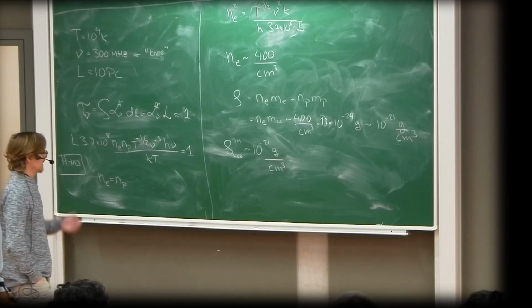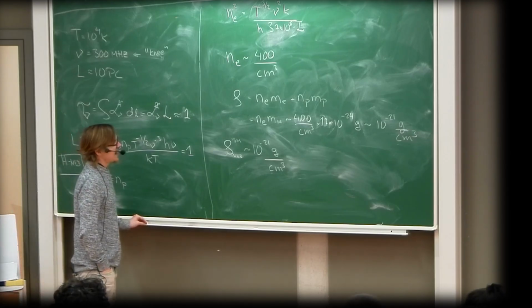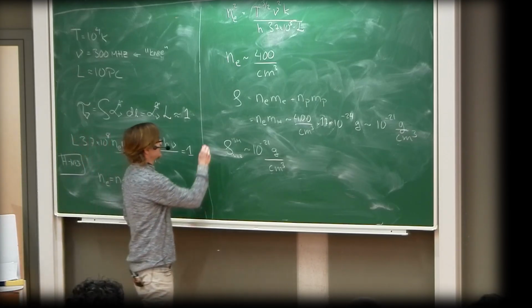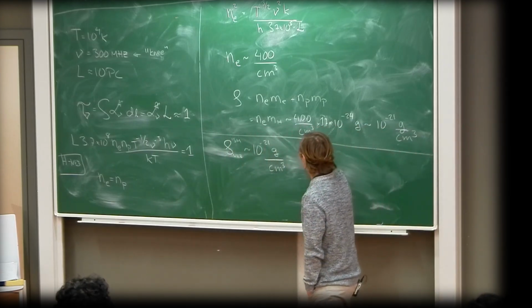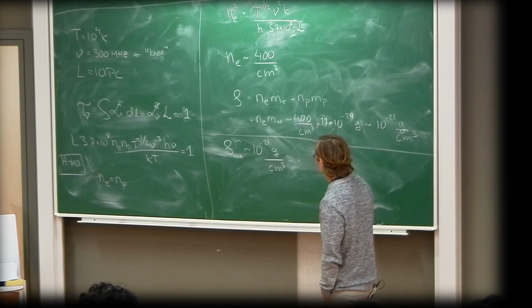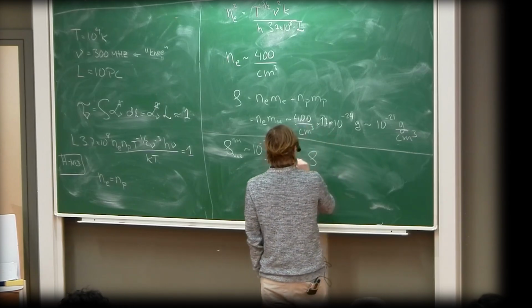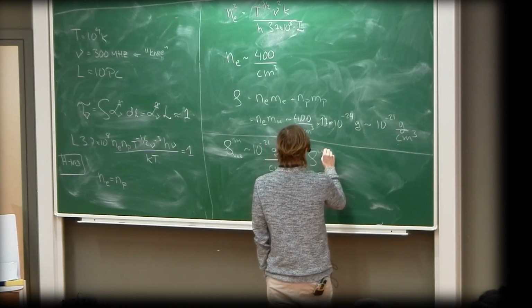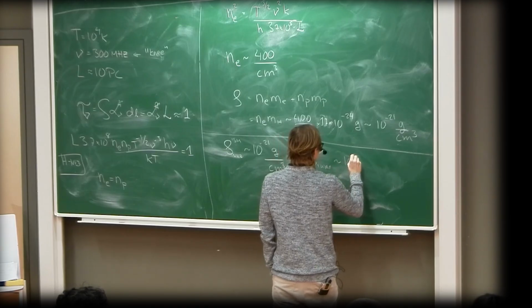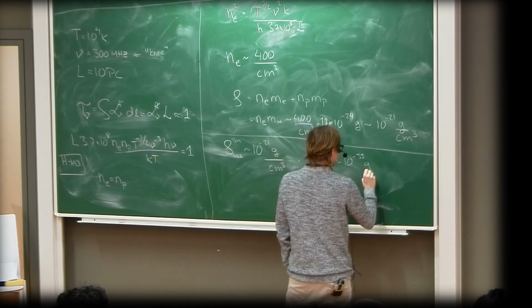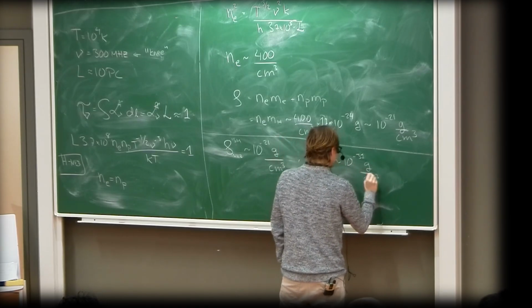So we have now some quite fascinating things, because remember in our application, we got that the density of the universe today was on the order of 10 to the minus 31 grams per cubic centimeter.